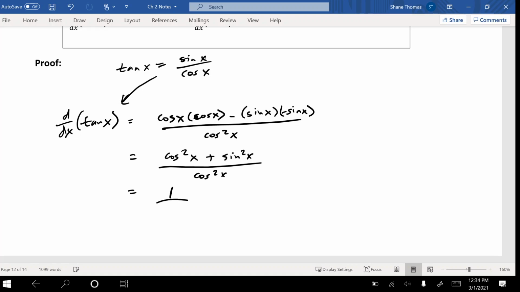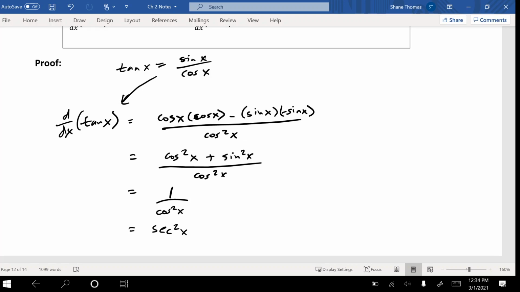Good, it's equal to 1. So cosine squared plus sine squared is equal to 1, and it's all over the cosine squared of x. Well, 1 over the cosine squared of x is equal to, sure you remember this, secant squared of x. Oh yeah, feels just like yesterday.